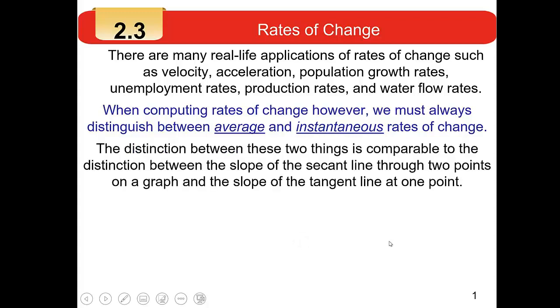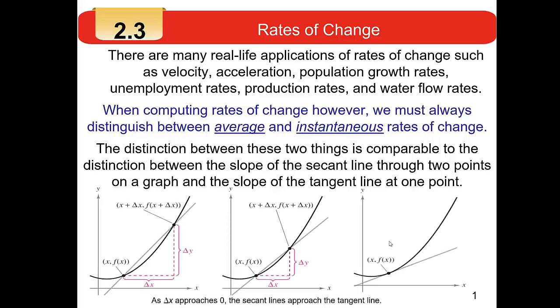I like to think of the distinction between these two things in terms of what we talked about earlier with the slope of a secant line through 2 points on a curve versus the slope of the tangent line at 1 point. And just to remind you, these graphs are from earlier. The first two are illustrations of finding the slope of a secant line through 2 points on the curve.